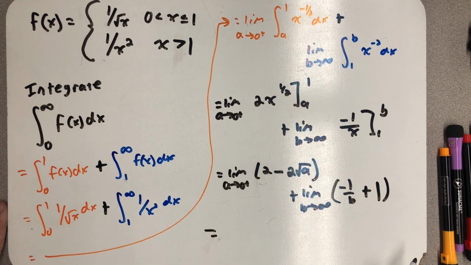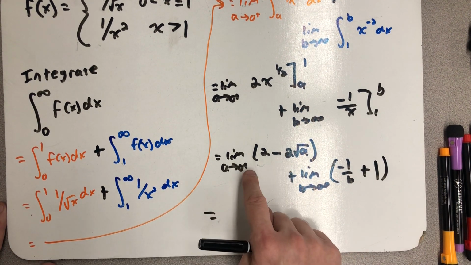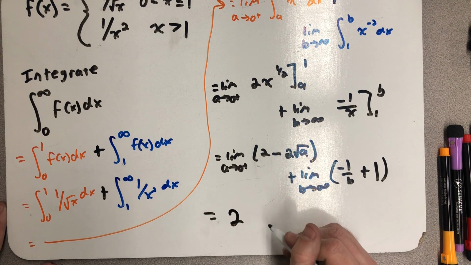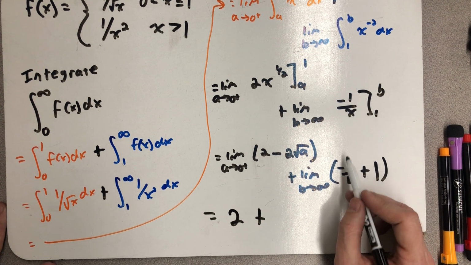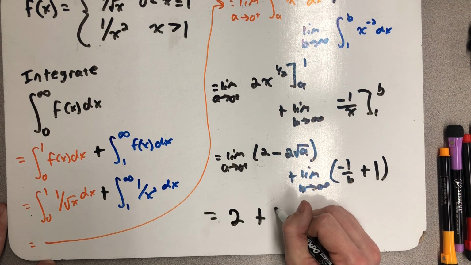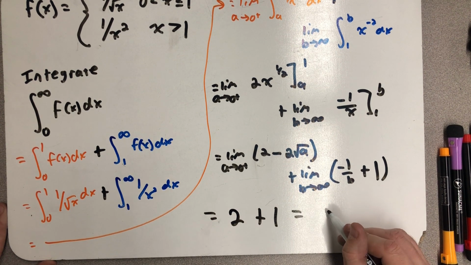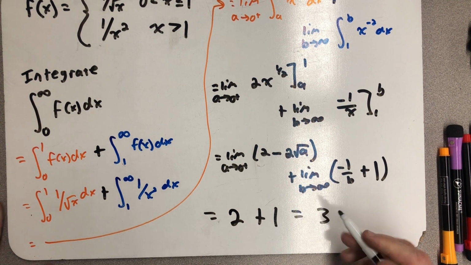Let's take our two limits. The limit as a approaches 0 from the right, that part goes away and I just get a 2. As b goes to infinity, this part goes away and I just get a 1. 2 plus 1 is, well, 3.